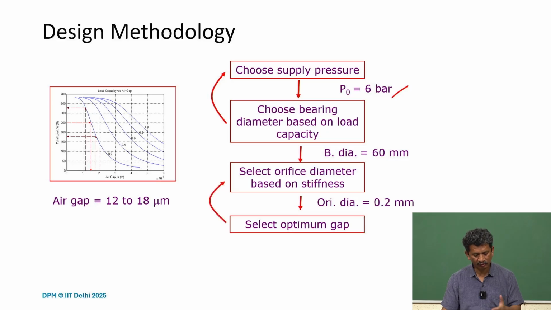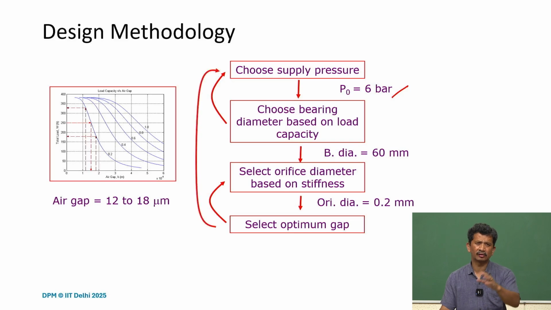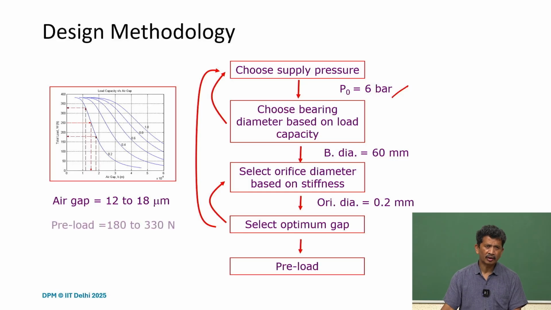If it's not suitable, we can always iterate, and if not, then we can also change the supply pressure. But we also need to understand that for air bearings to work, they have to be preloaded. Preloading is one of the key parameters, and air bearings work only if there is preloading.